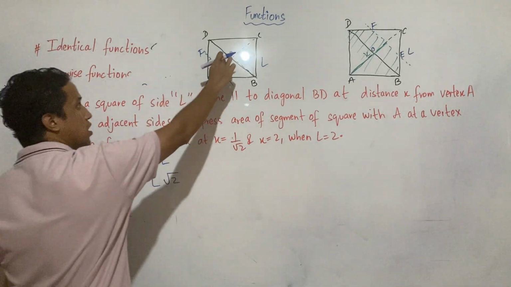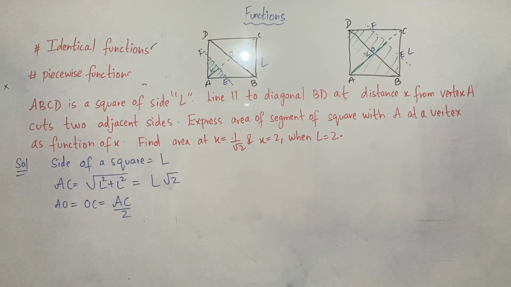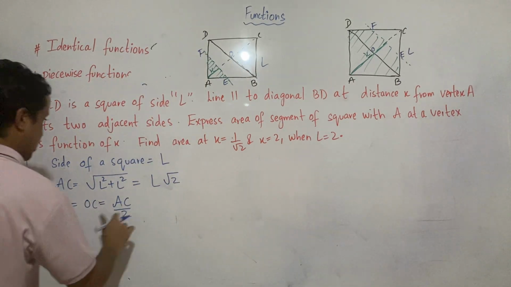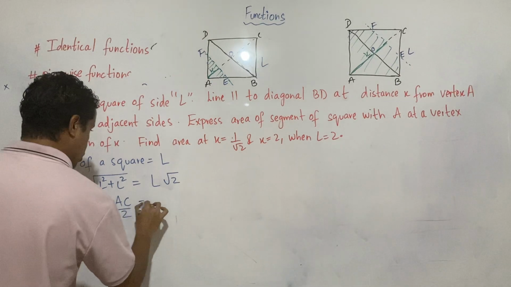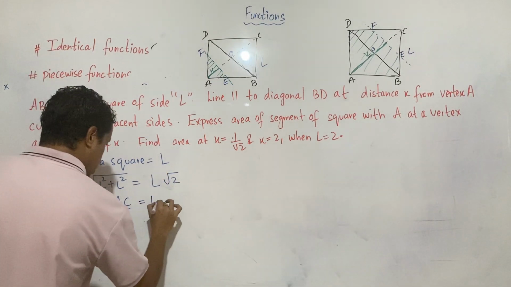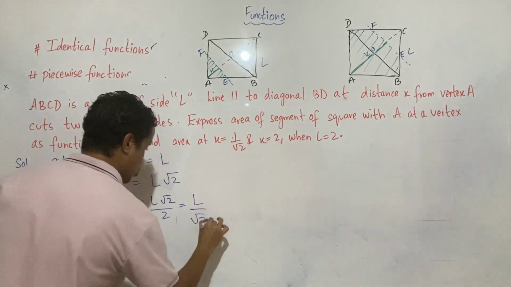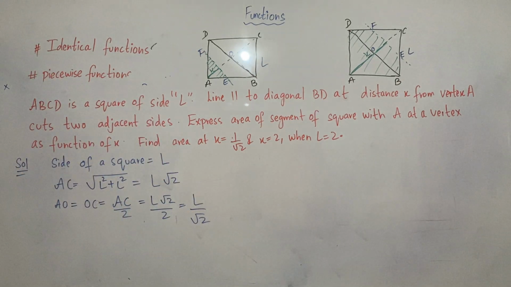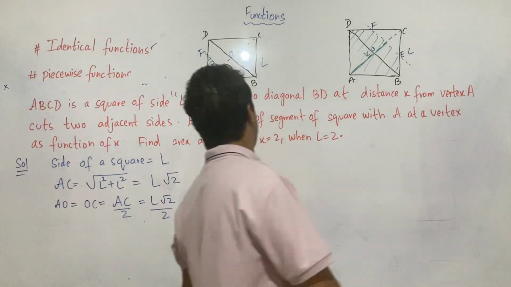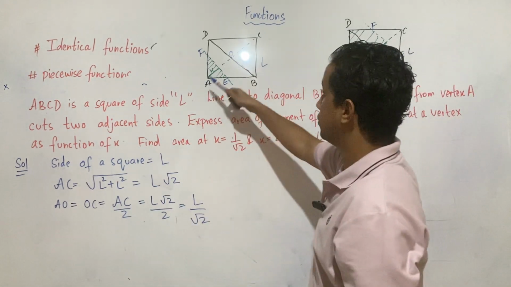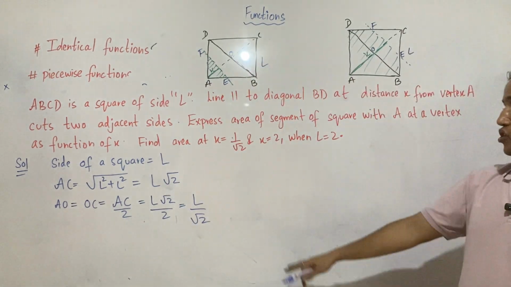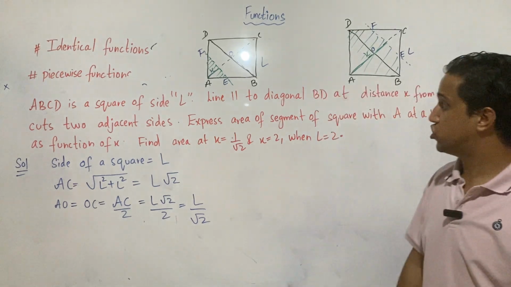Why? Because this is the middle point, right? So it's going to be L root 2 by 2, which is L by root 2. And these two diagonals bisect each other, so that's why divided by 2.